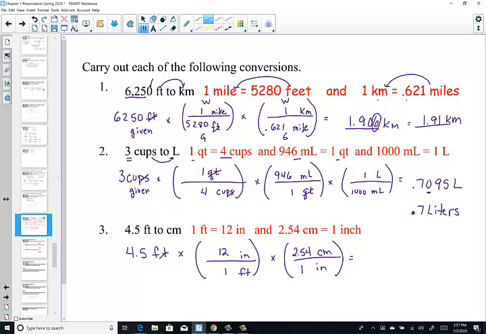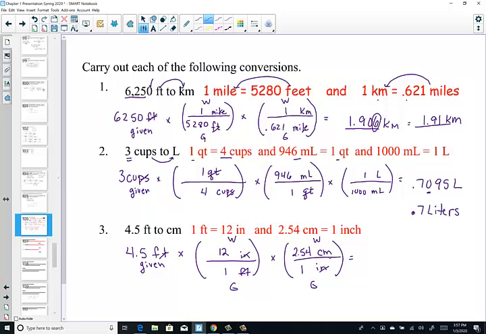First step, we canceled feet. Second step, we canceled inches. Always think about what you want over given, what you want over given as you cancel the units. Given a foot, divide by feet, converting to an inch. Given an inch, divide by inch to convert to the centimeter.